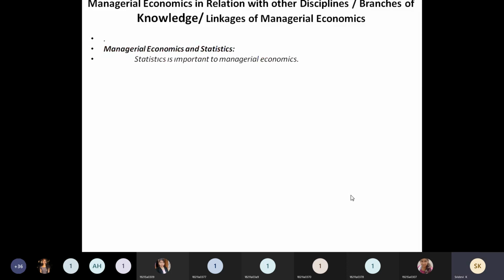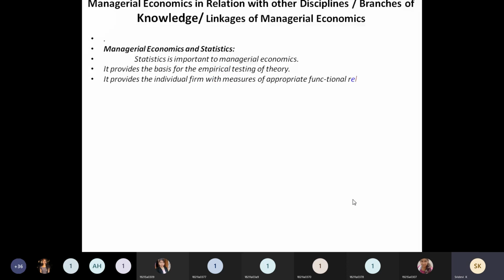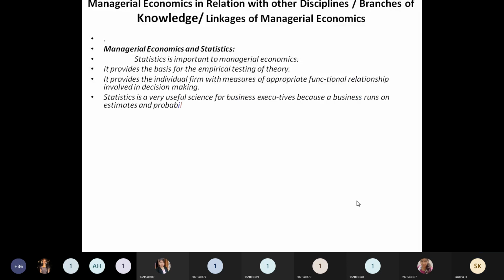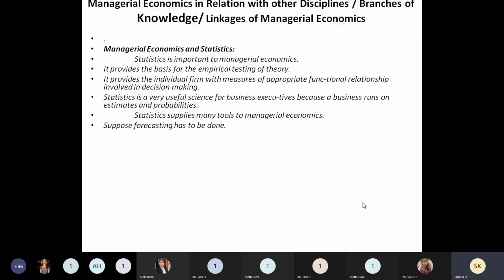Statistics is one of the important subjects that we are going to link up with business economics. Because there you are going to apply certain tools to forecast your sales; demand forecasting is there.